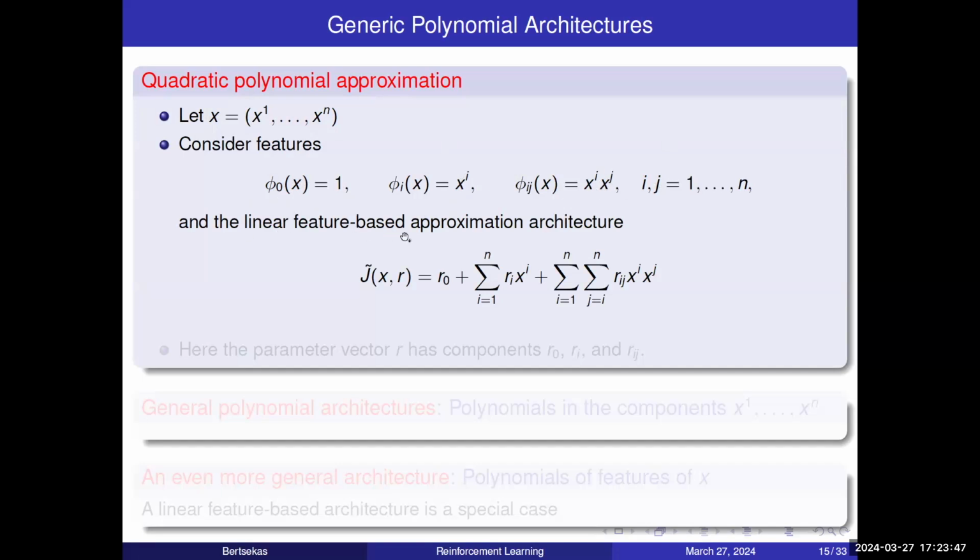Then a linear feature-based approximation architecture of these features would have one weight associated with the constant, one weight for each individual component, and one parameter for each product combination. The parameter vector R has components R0, Ri, and Rij.